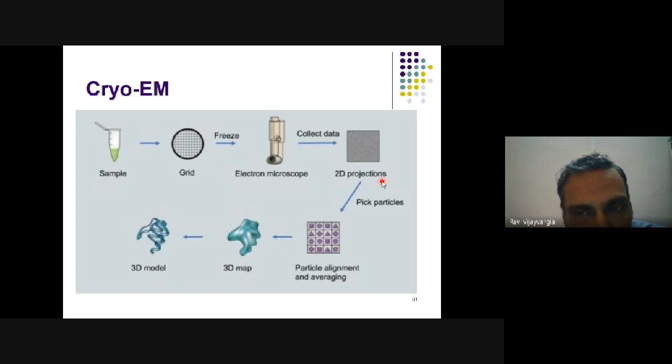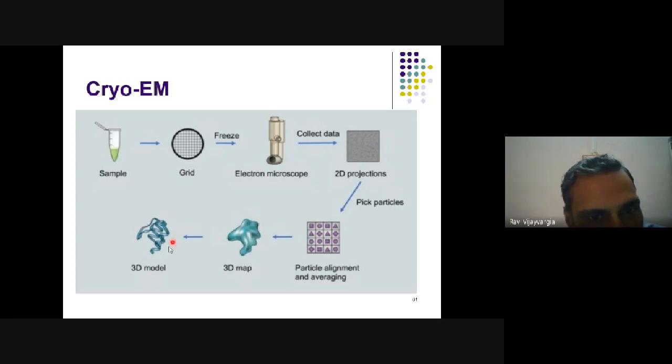Your molecules might have been frozen in different conformations, but based on the bioinformatic tools, an average of all these structures is put together in the form of a 3D map, and based on the 3D map you can potentially identify how the structure is folded.